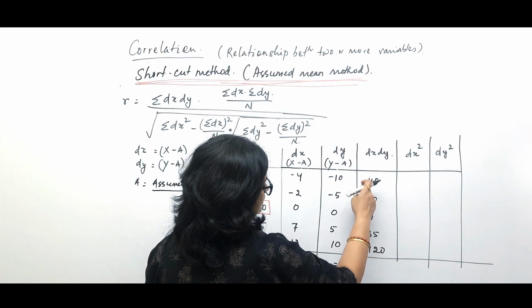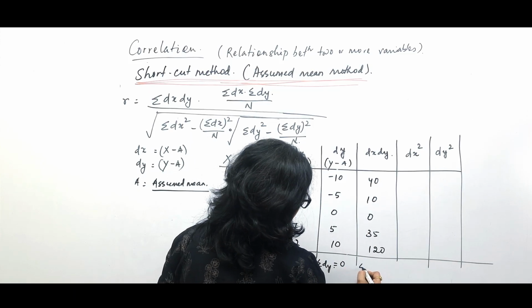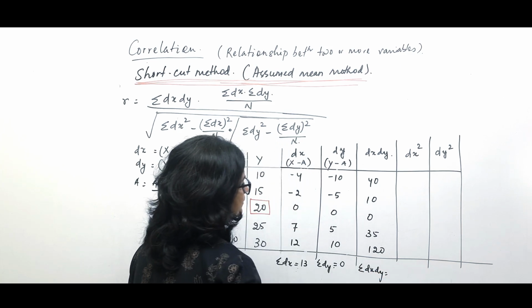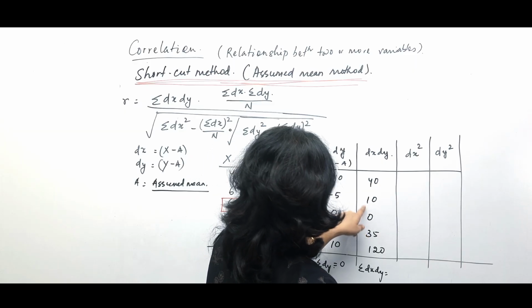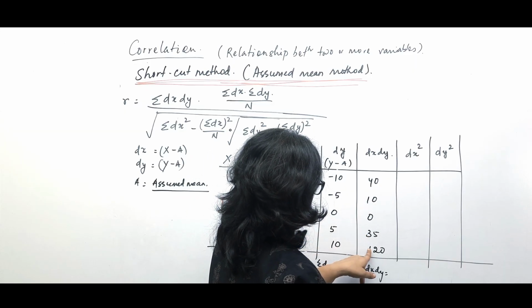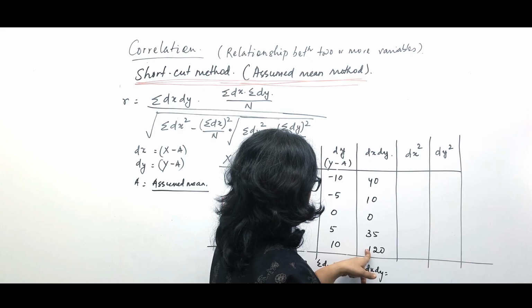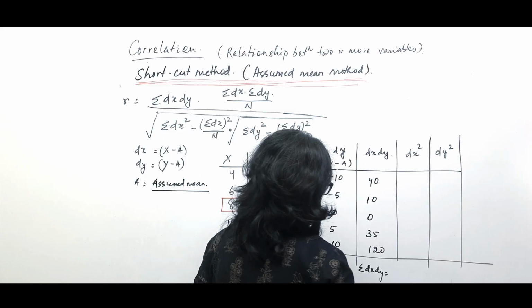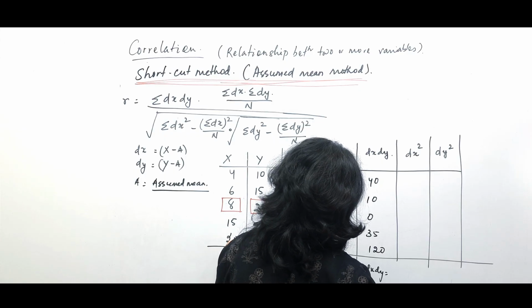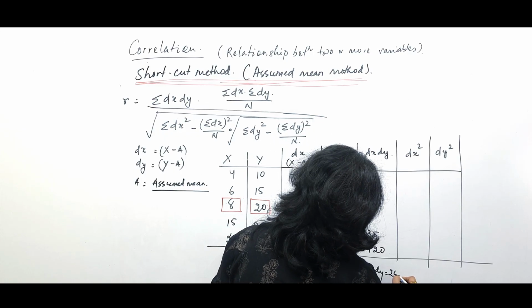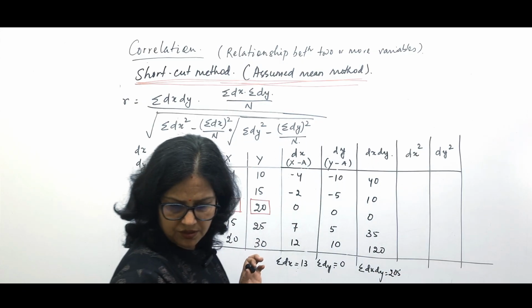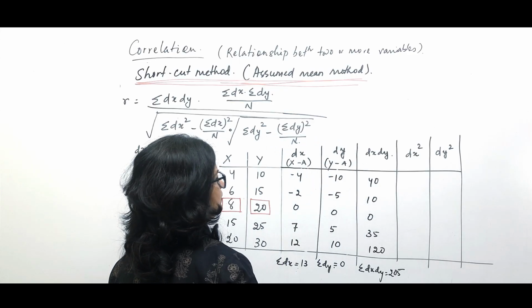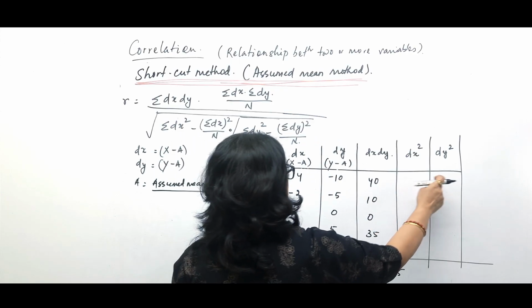So sigma dx dy is 40 plus 10 is 50, 50 plus 120 is 170, 170 plus 35 is 205. Sigma dx dy is 205.